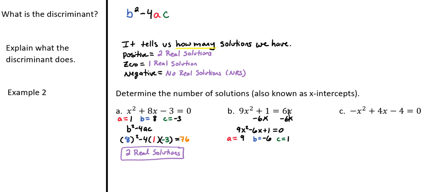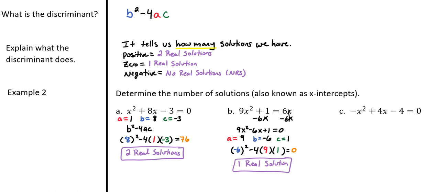Then we're going to take that and plug it into our discriminant, which is our b squared minus 4ac. So we'll plug our b, a, and c into the appropriate places. And we're going to plug that into our calculator. So we'll type in with our parentheses, and that's going to give us a value of 0. And when our discriminant is a 0, that means that we're only going to have 1 real solution.